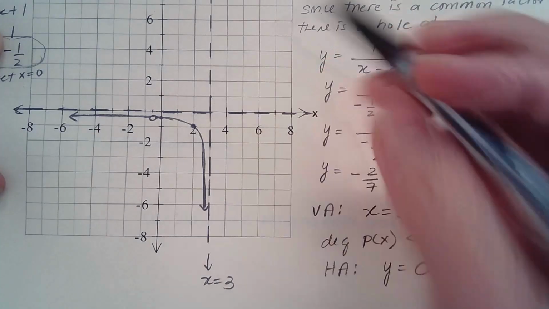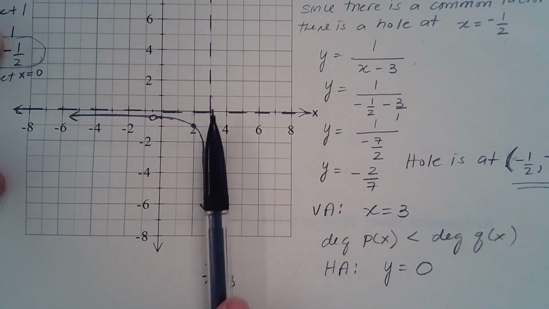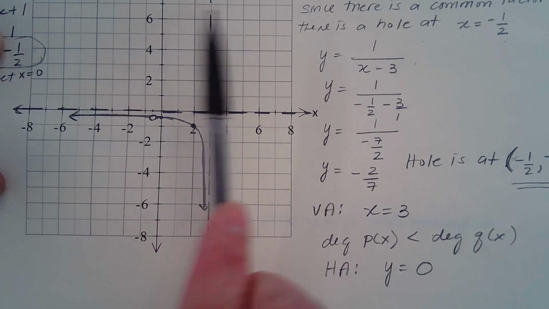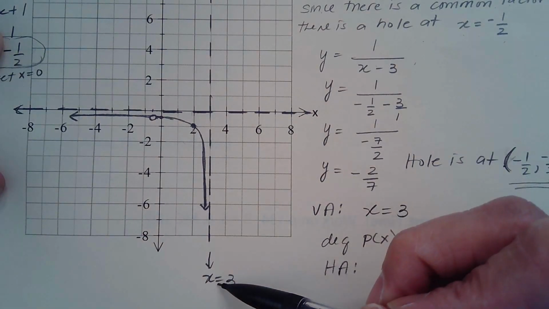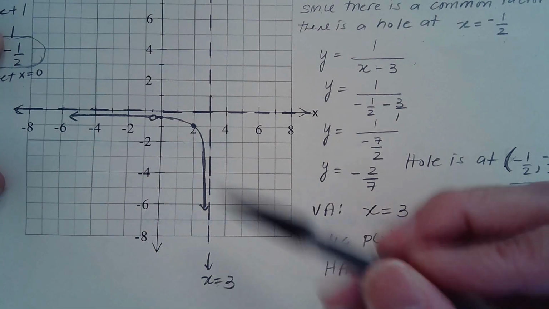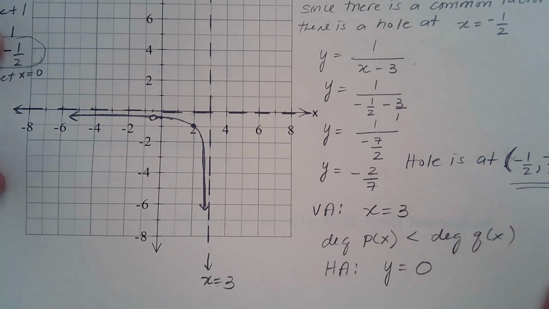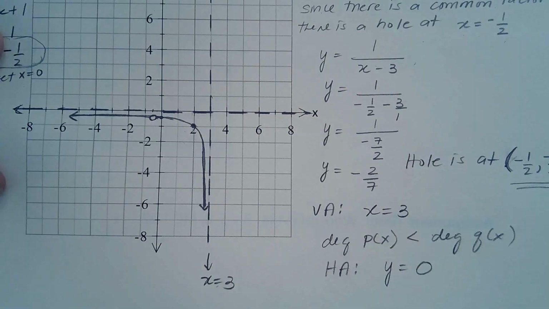Because x equals to 3 here, we have to look at what's happening to the left side of that asymptote and then to the right side of that asymptote. I just picked 1 to the left of the asymptote. And let's pick the one on the right side of the asymptote.